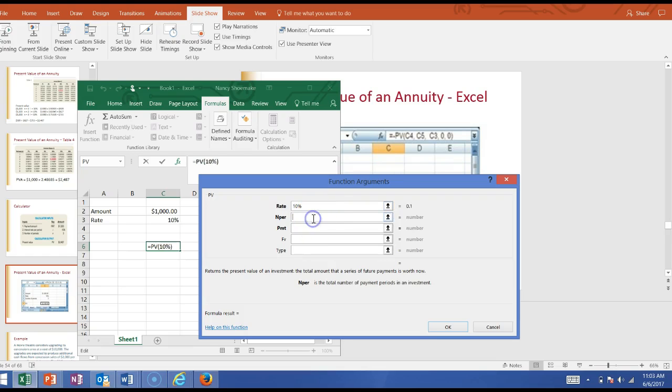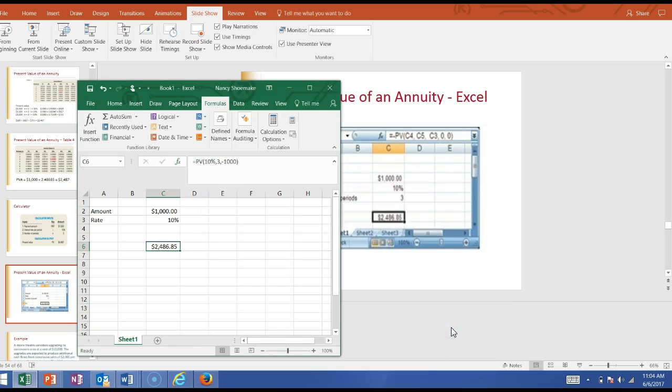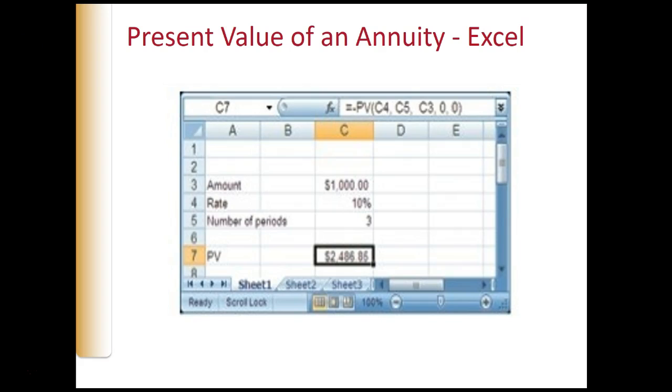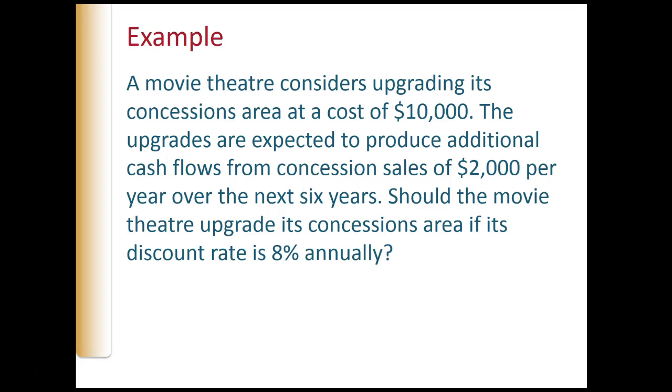The number of periods is 3. The payment, I'm going to put in minus 1,000 so we end up with the correct amount. The result is $2,486.85. Let's look at an example.